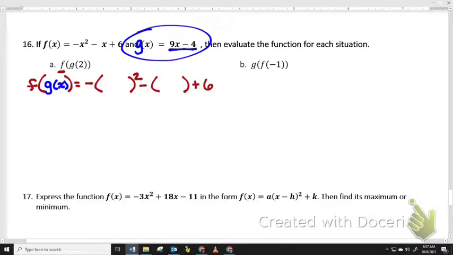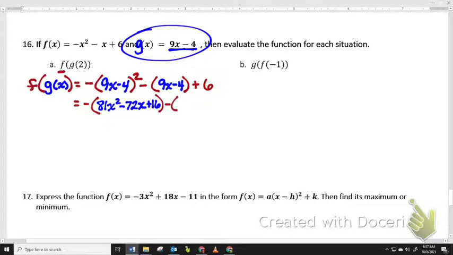So 9x minus 4 would go here and here. Expanding this function, when I square 9x minus 4, I get 81x squared. 9 times 4 is 36, and then I have to double that, so negative 72x plus 16.